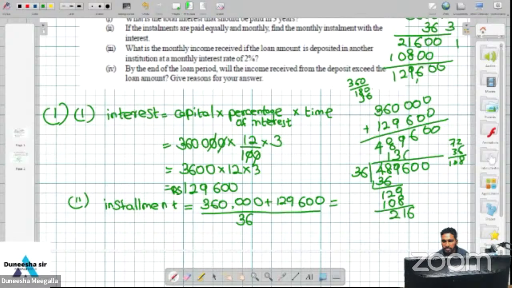What is the answer? 13,600 rupees. What is the installment? 13,600 rupees. Okay.